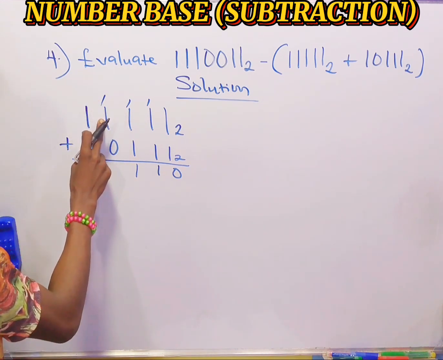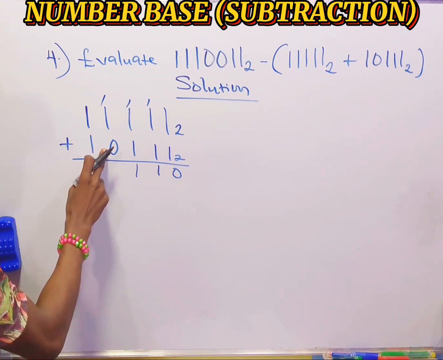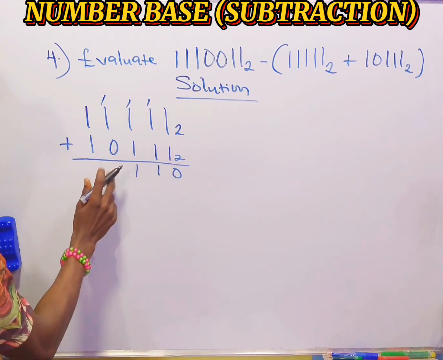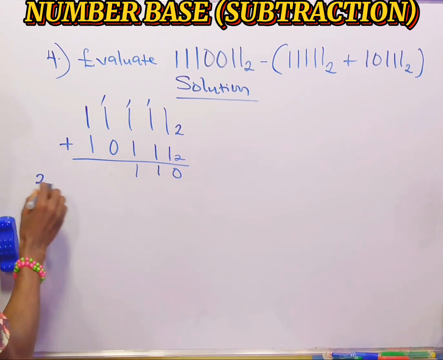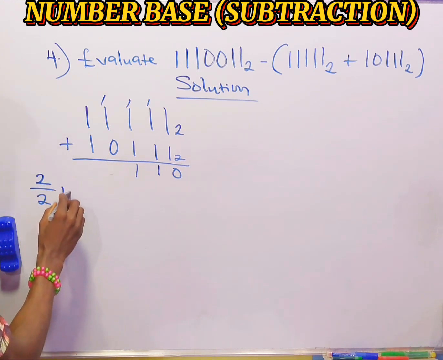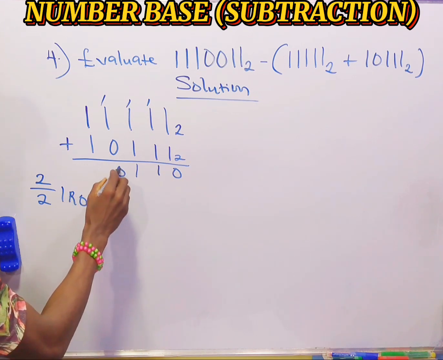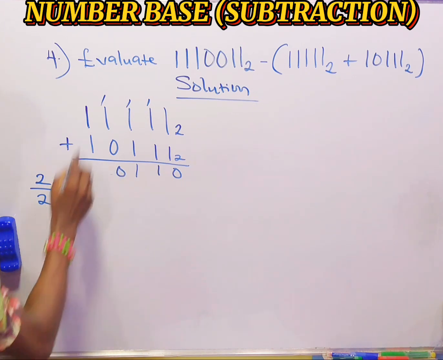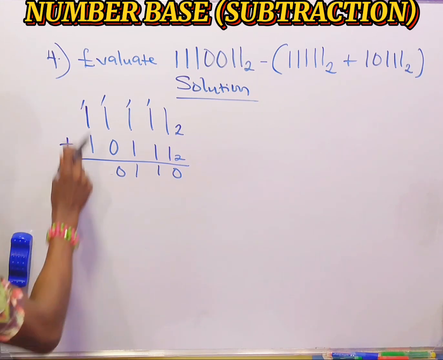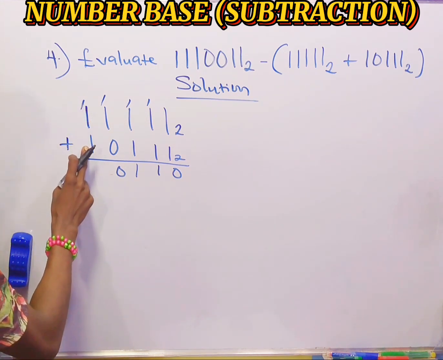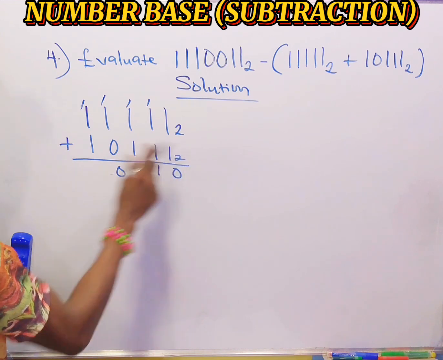So 1 plus 1 is 2. 2 plus 0 is 2. We can't have a 2 here in base 2. It's not possible. So we say 2 divided by 2, which is 1 remainder 0. Write your 0 and carry your 1. The 1 we add to the next part. Now 1 plus 1 is 2. 2 plus 1 is 3. 3 is also greater than 2.